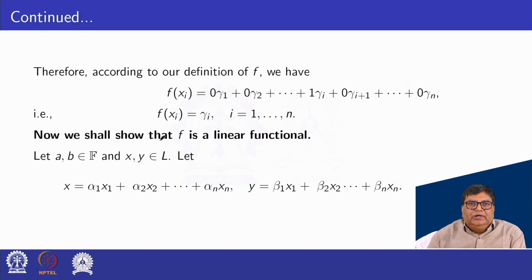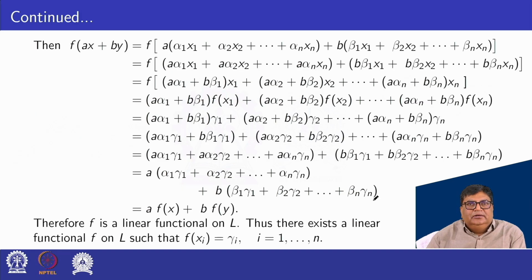Now we shall show that f is a linear functional. Let a, b be elements of F and x, y be elements of L. Let x is equal to alpha 1 x1 plus alpha 2 x2 plus and so on alpha n xn, and y is equal to beta 1 x1 plus beta 2 x2 plus and so on beta n xn.